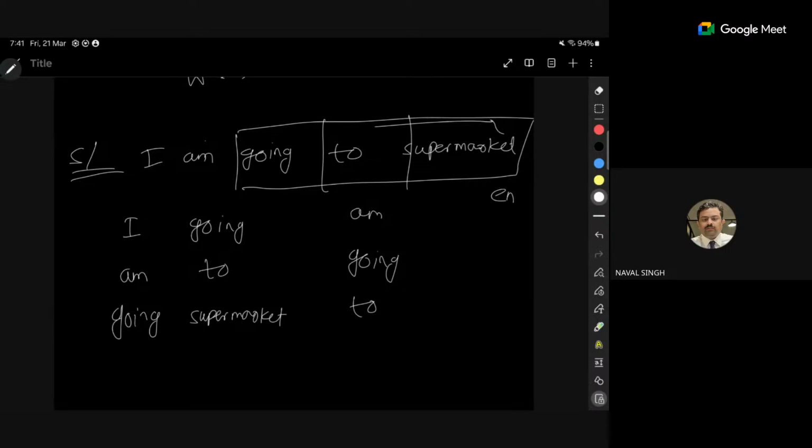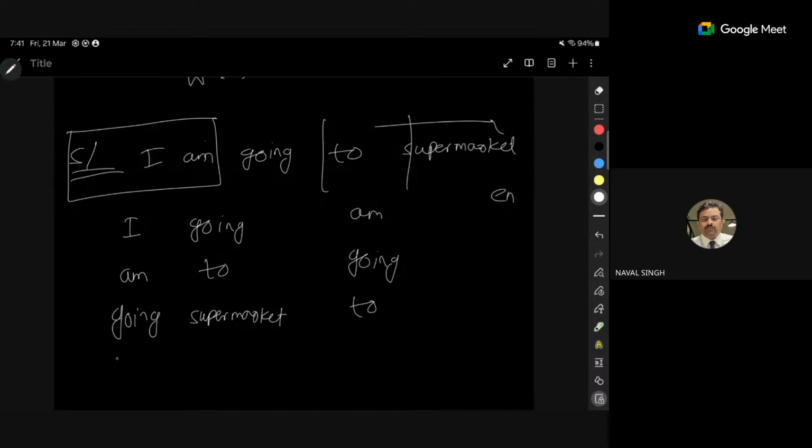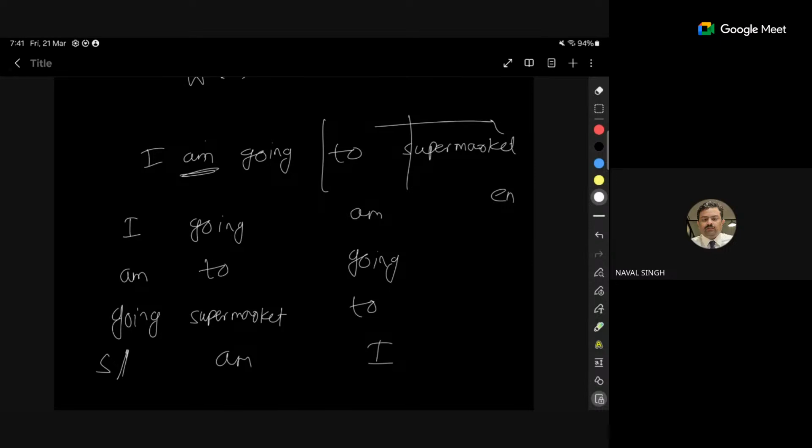You'll see that most algorithms start not from here but like this: some starting token and M, then my prediction should be I, something like this. So that we are not missing out this word. The first word we have to give, then the next prediction can come up. That is the idea.